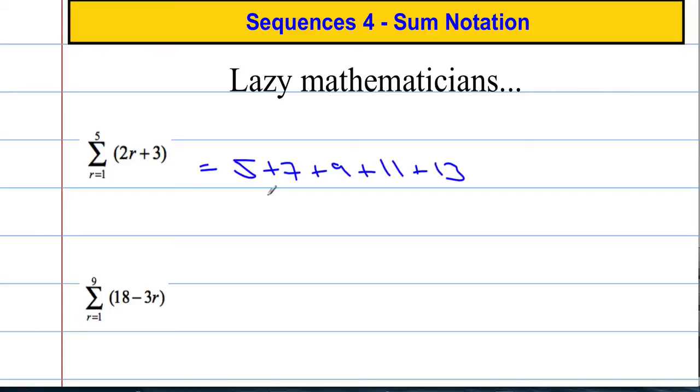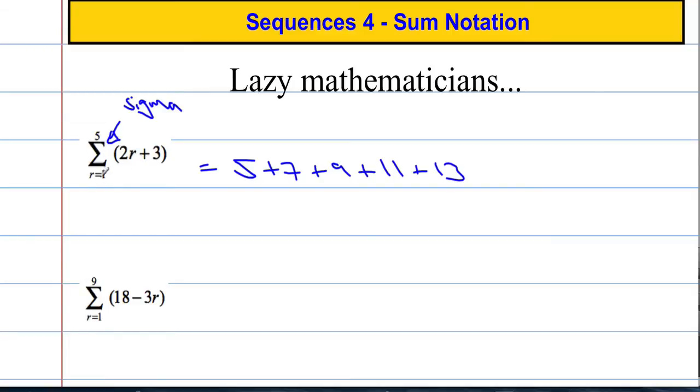So rather than say add up all the values 5, 7, 9, 11 and 13, we're actually getting that from this notation here. This symbol is the Greek letter sigma, and it's a short way for a mathematician to say add up.